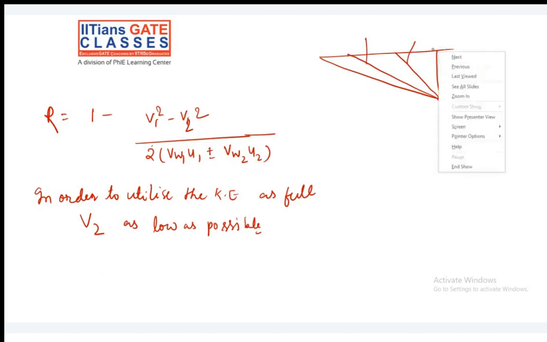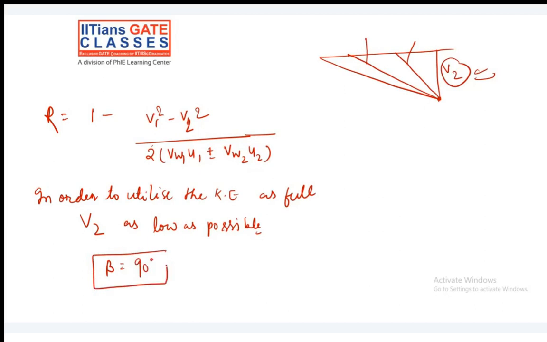And in that case, this beta, the angle between VW2 and U2, will be equal to 90 degrees. When beta is equal to 90 degrees, the V2 is minimum, and moreover VF2 is V2 itself and VW2 is 0.